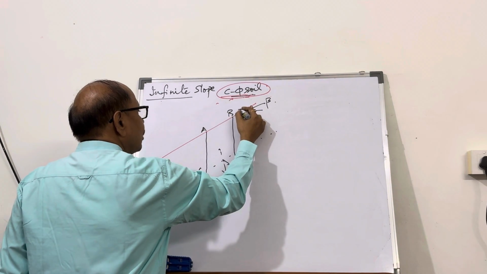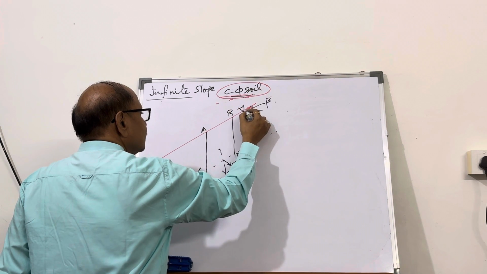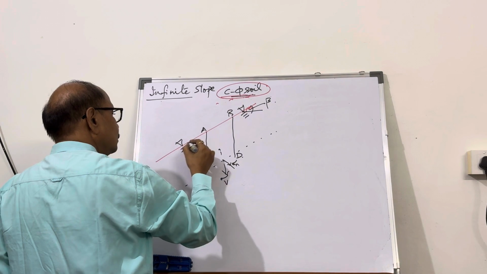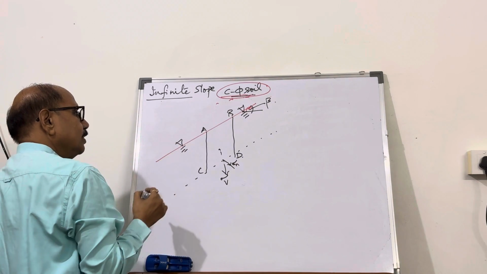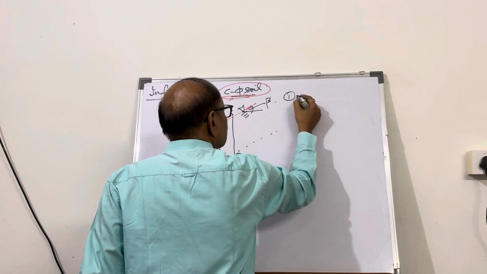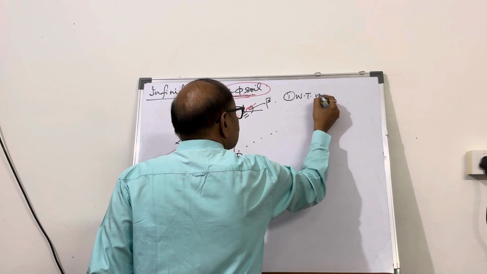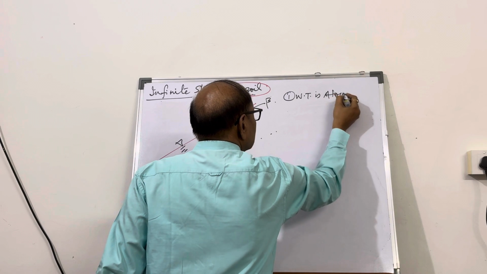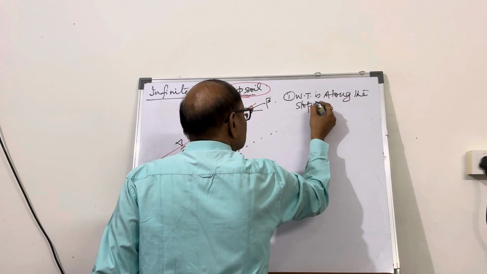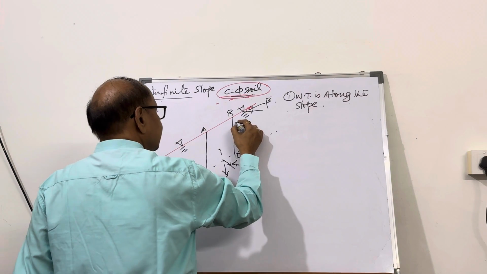Let's say now the water table for this c-phi soil is along the slope. So, water table is along the slope, and let's say there is seepage also.